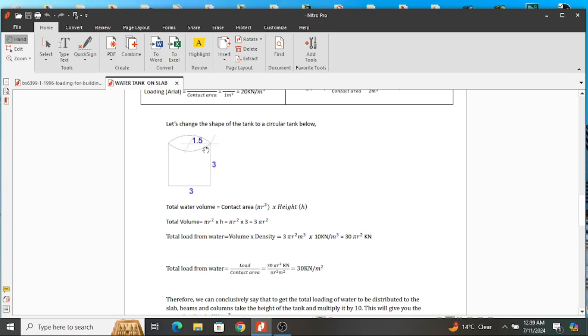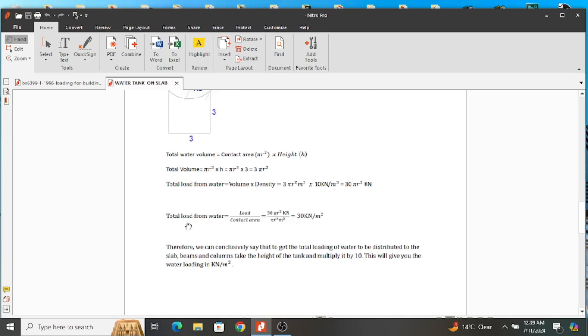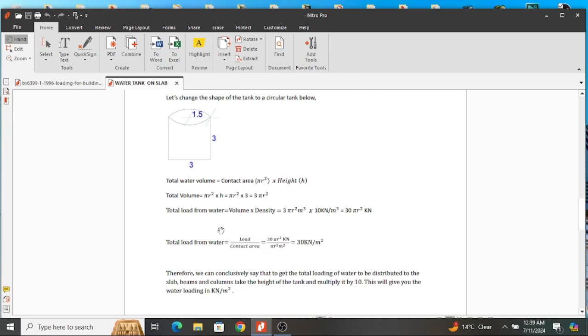That is the total loading of our water. The load per square meter is the load divided by the contact area, which was pi r squared. That gives you 30 kilonewtons per square meter.